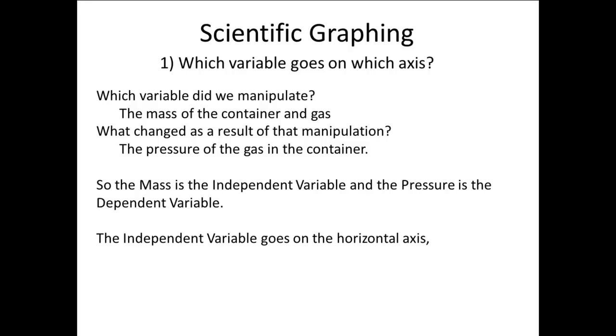On scientific graphs, the independent variable goes on the horizontal axis, and the dependent variable goes on the vertical axis. Now we know that the mass goes on the horizontal axis and the pressure on the vertical axis. But where do we put the axes?